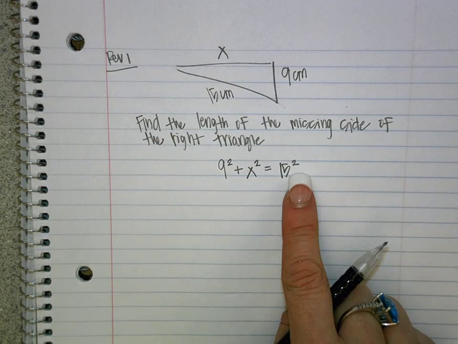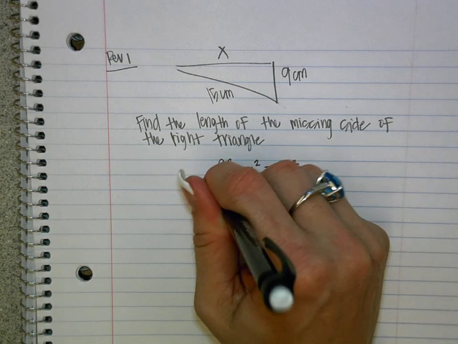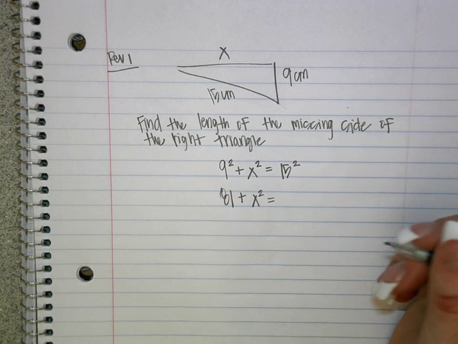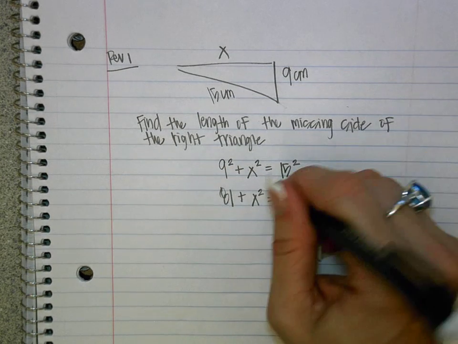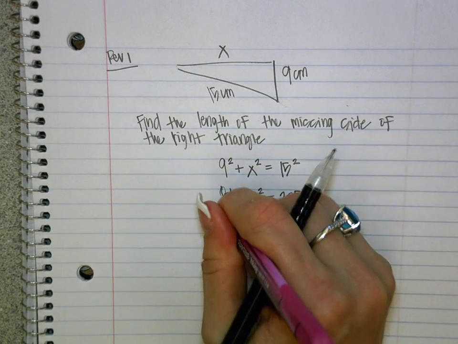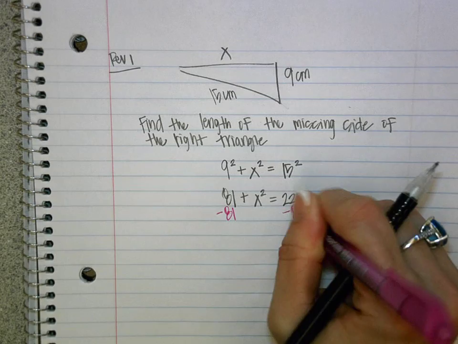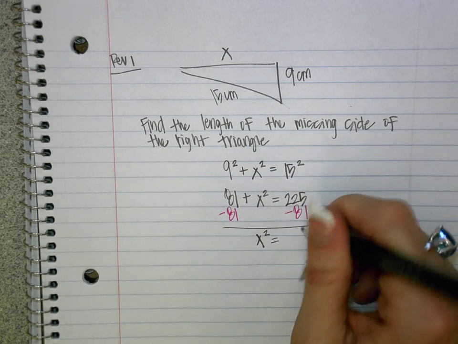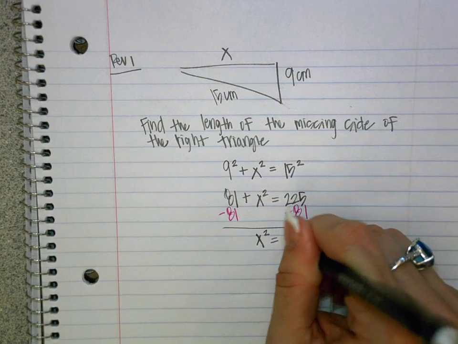So if you square these, 9 squared is 81, plus x squared equals, what's 15 squared? 225. Then you subtract 81 from both sides. And we got x squared is equal to, if you subtract this correctly, you should get 144.